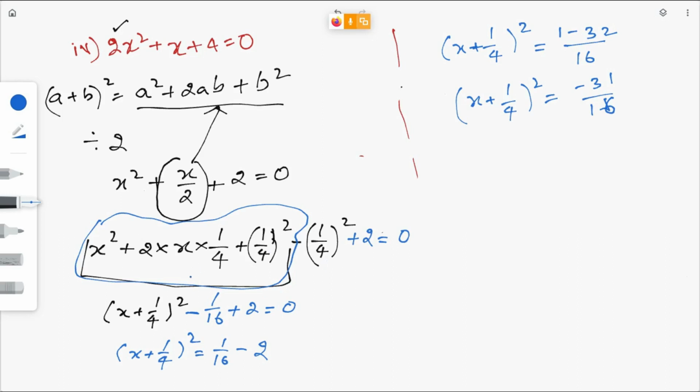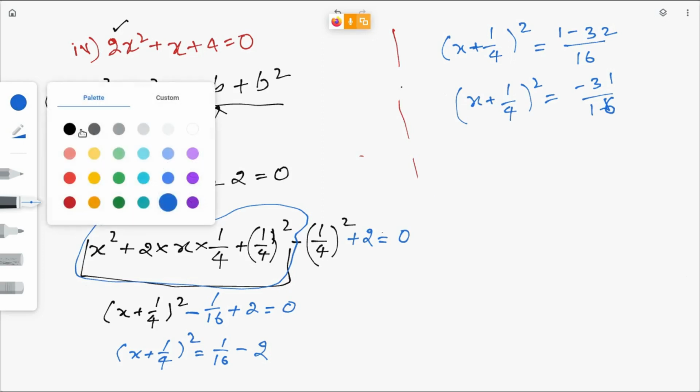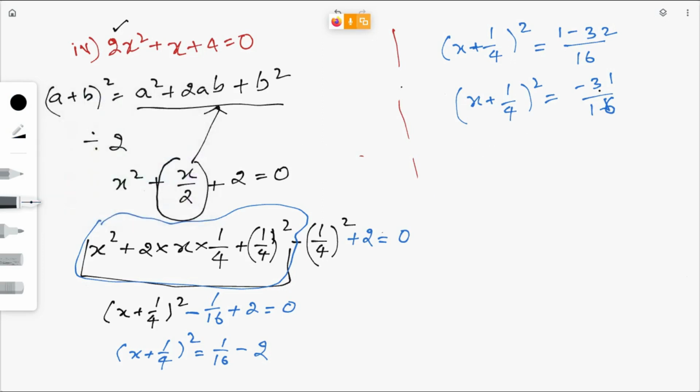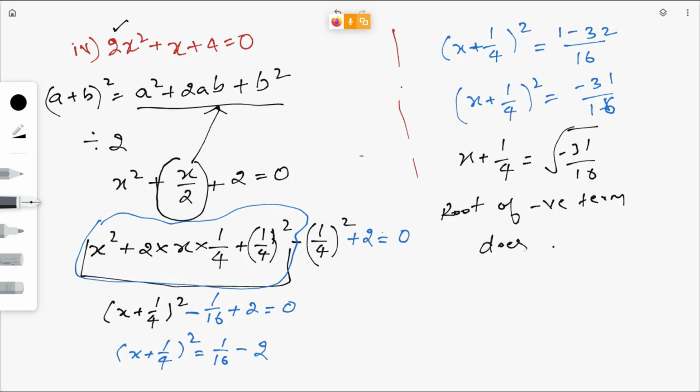Okay, see here. In the next step, minus 31 by 16. If you take x plus 1 by 4 is equal to, if you take the root of this minus 31 by 16. Okay, actually a root of a negative term does not exist, right? Root of a negative term does not exist.